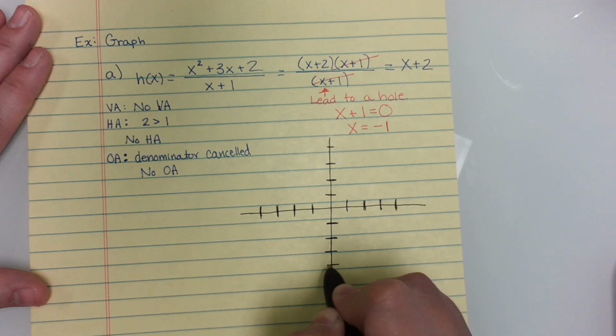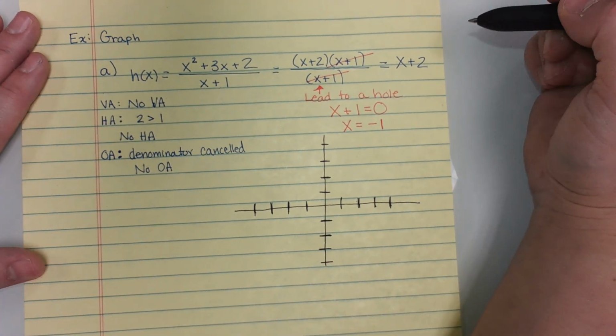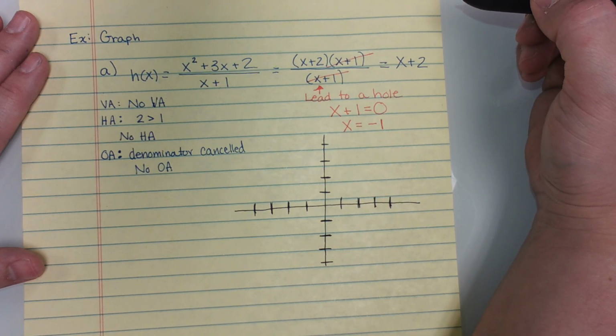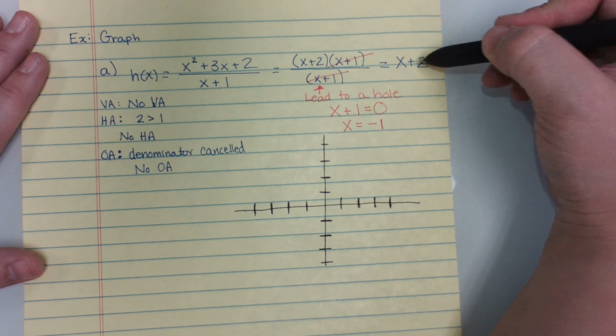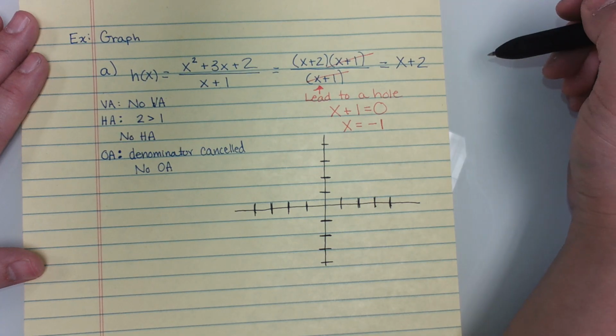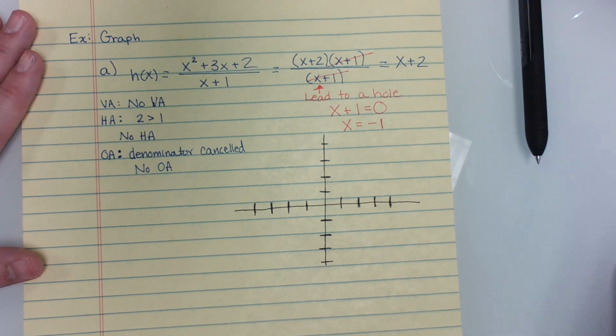Linear. How do you graph a linear equation? How do I graph y equals x plus 2? You start with the y-intercept.